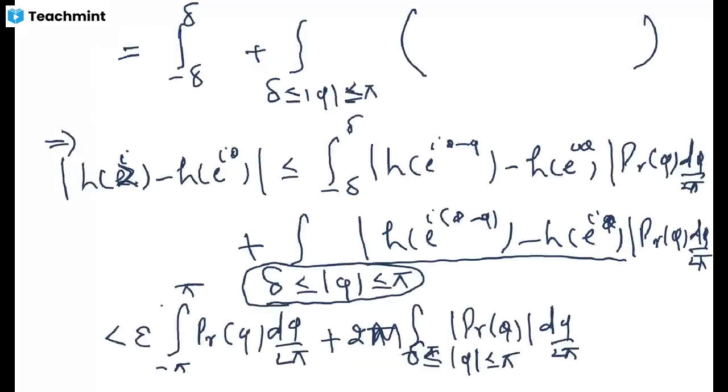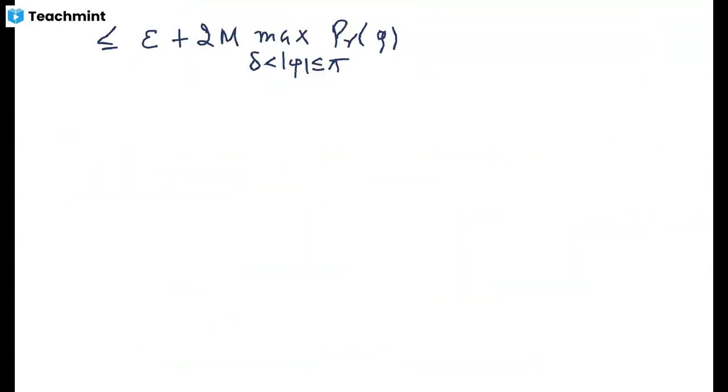This is what I'm going to take the maximum of, this function P_r(θ) over this part delta to pi, and the rest will have dθ/2π, dφ/2π, and the integral of that value is going to be 1. And we have this estimate now.